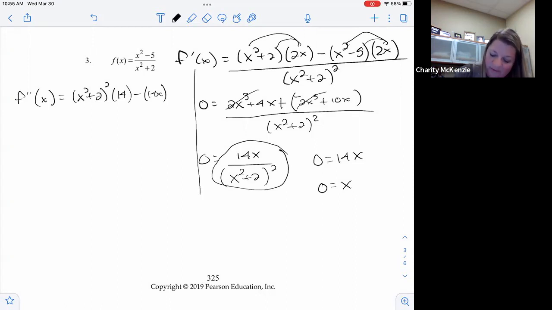And then the derivative of the bottom is a chain rule. So I bring the 2 out front, and then you keep everything the same, x squared plus 2, and drop 1 on the exponent here, but then you have to times it by the derivative of the inside. Let me rewrite this real quick.